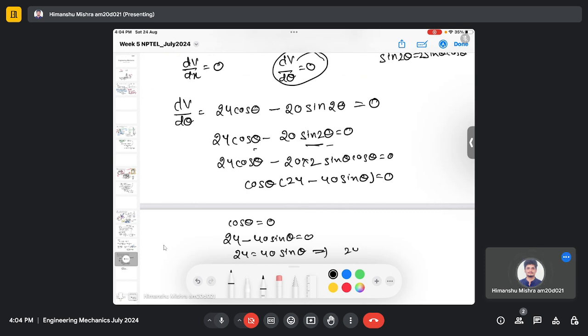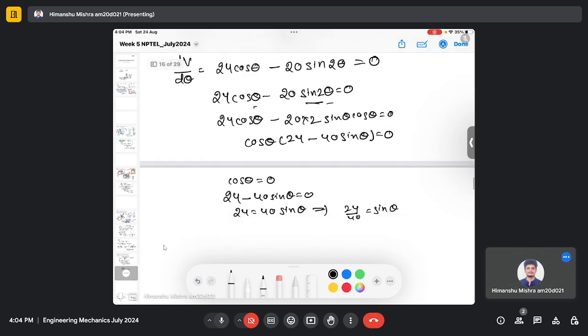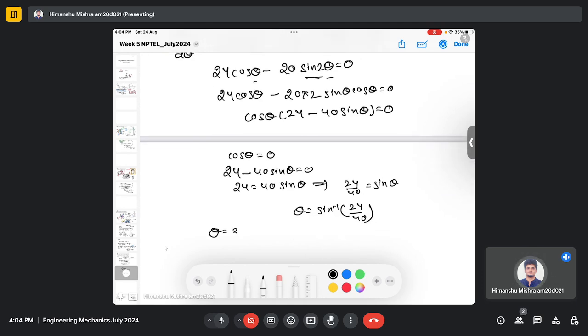Here we have 24 by 40 equals sin theta, so theta is sine inverse of 24 by 40, and we will get theta as 36.86 degrees.